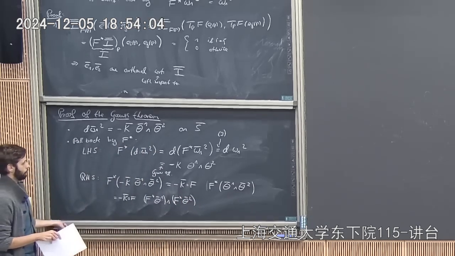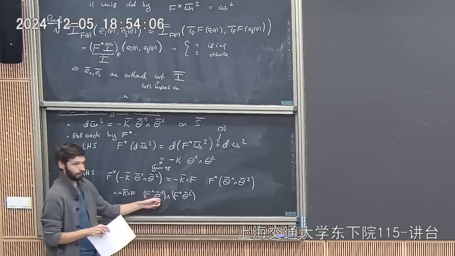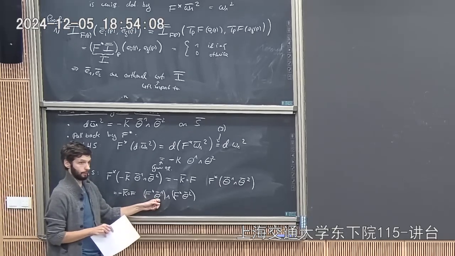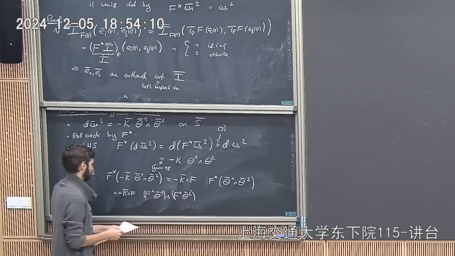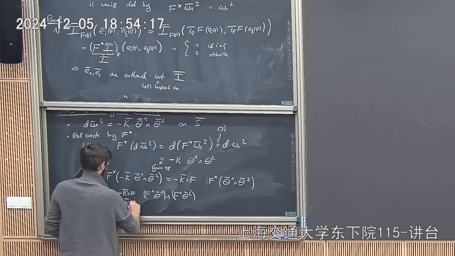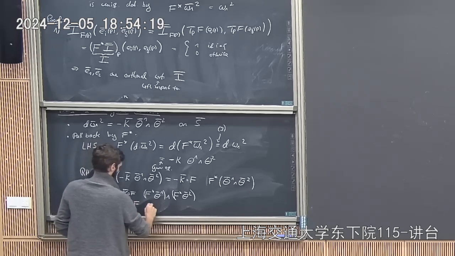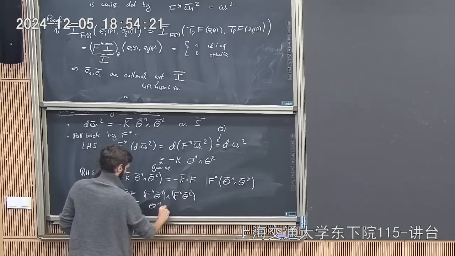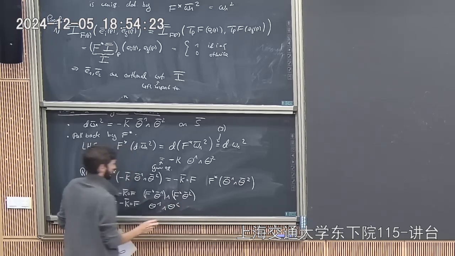But now we can use point 2 to say that these are exactly the one forms that are our fundamental dual forms. So we get that K composed with F equals theta 1 wedge theta 2.